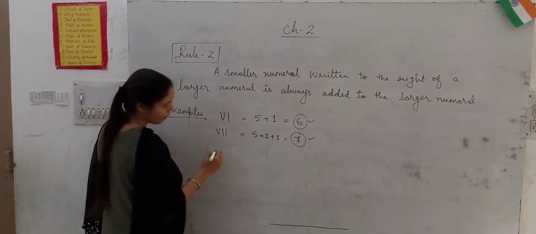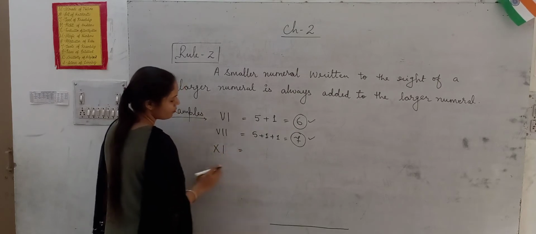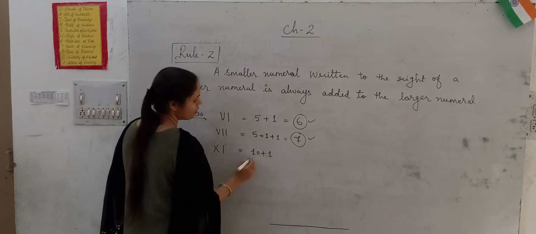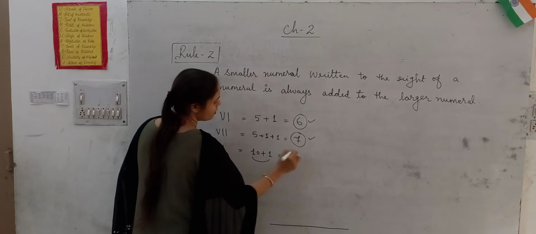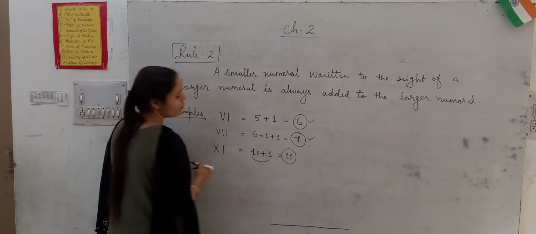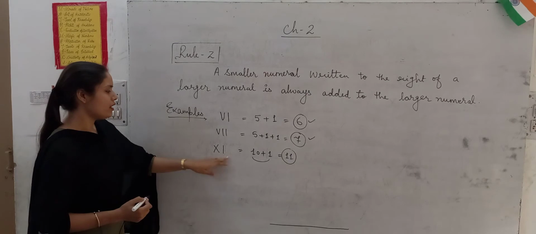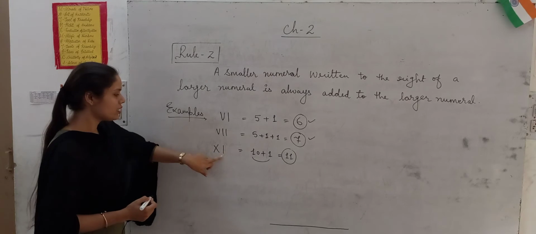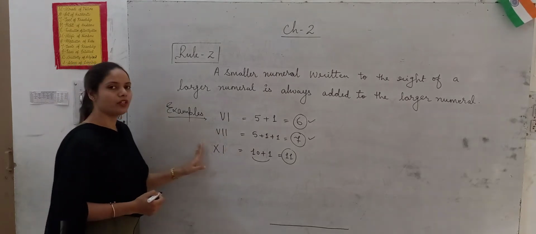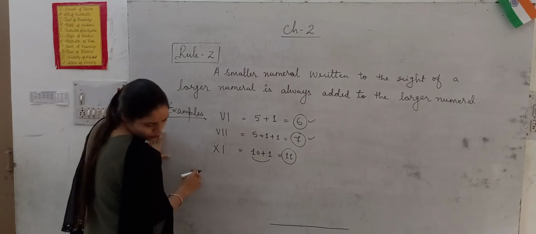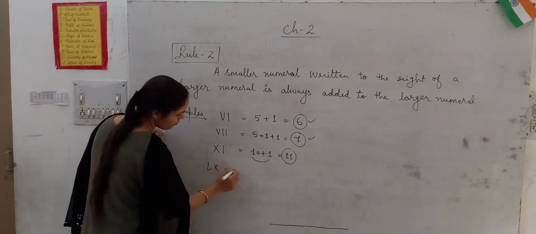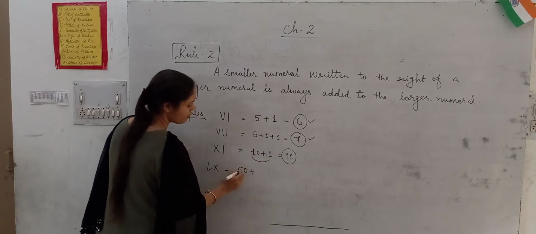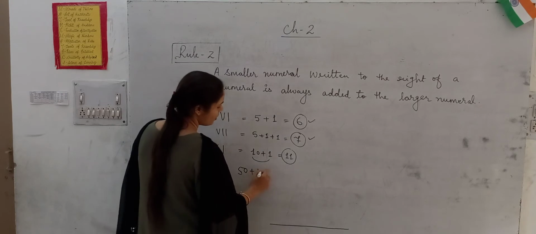Next, X and I. X means 10 plus I means 1 makes 11. So 11 is written in Romans as X and I. The smaller numeral is on the right-hand side, so it will be added to the larger numeral. Clear? Now L and X. L means 50 plus X means 10.